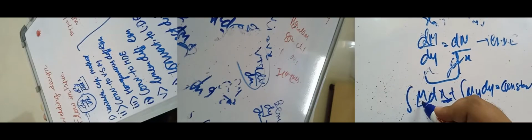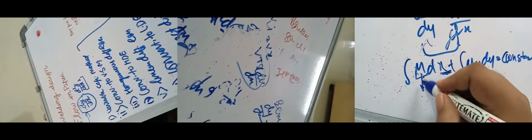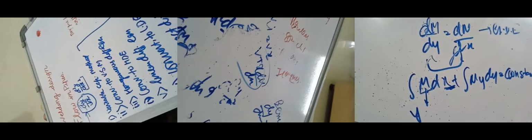Now what is M? Here it is of course this, but consider y as constant in dx. In M it is a function of x and y, so consider y as some constant term and then integrate only x.